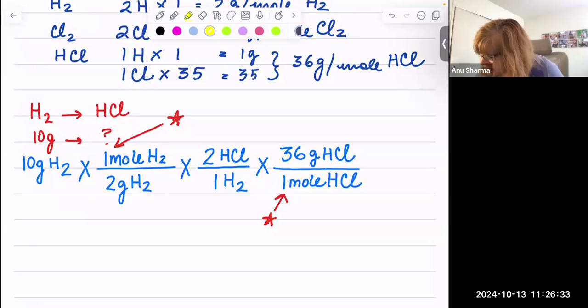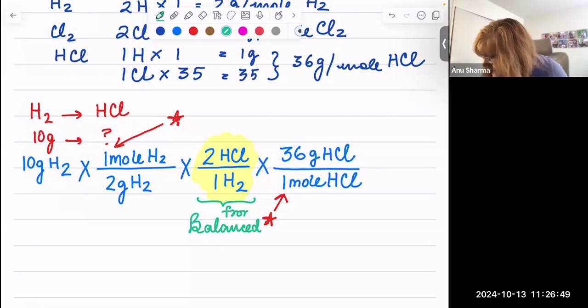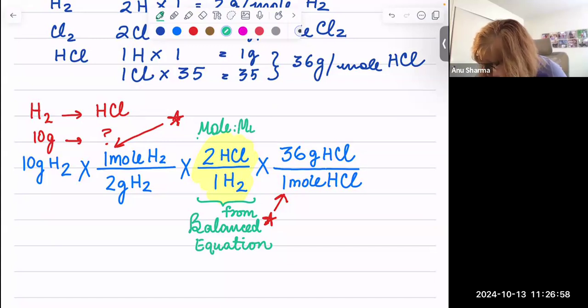The middle part is the balanced equation. So this part you are going to get from the balanced equation. Don't forget that this is coming from the balanced equation. That's why I'm saying, if the equation is not balanced correctly, this is a mistake. So this part is the mole to mole ratio.